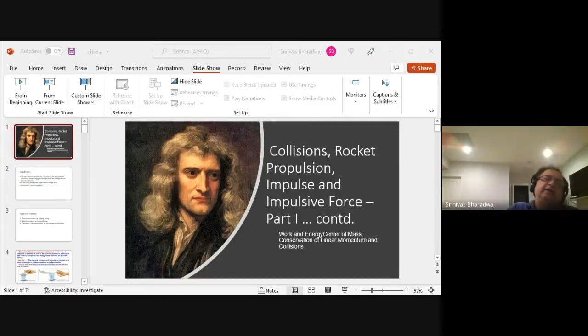The total KE is the sum of the KEs. Otherwise, you can calculate the M's and then do half times M1 plus M2 times V2 square. So now the KE with respect to the center of mass is given by that.